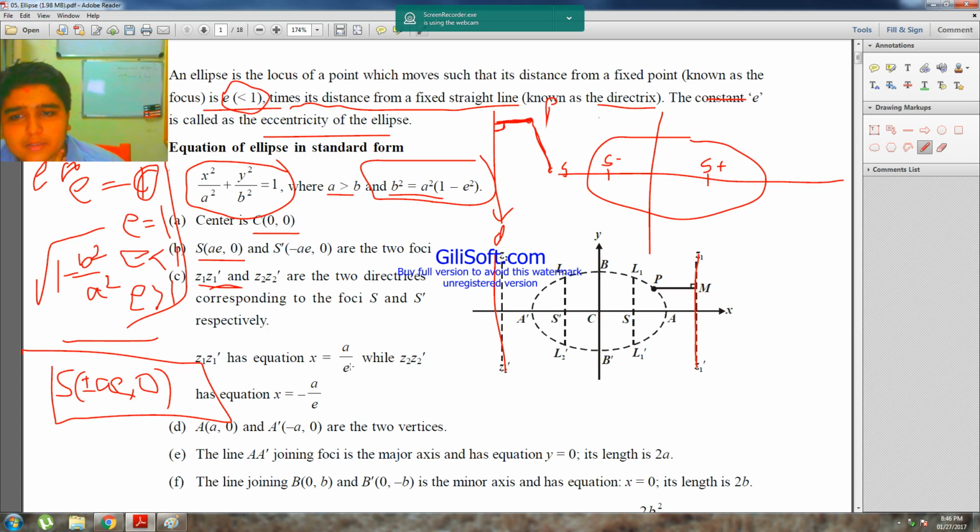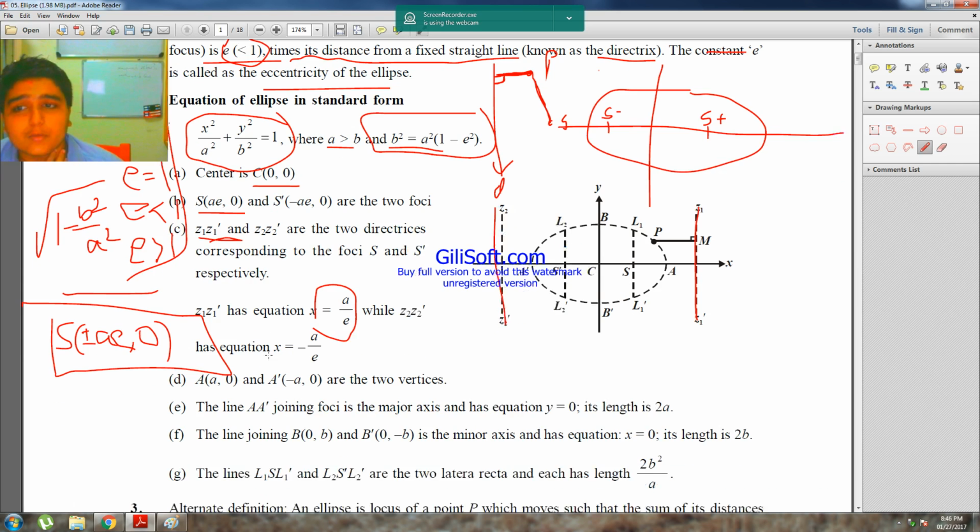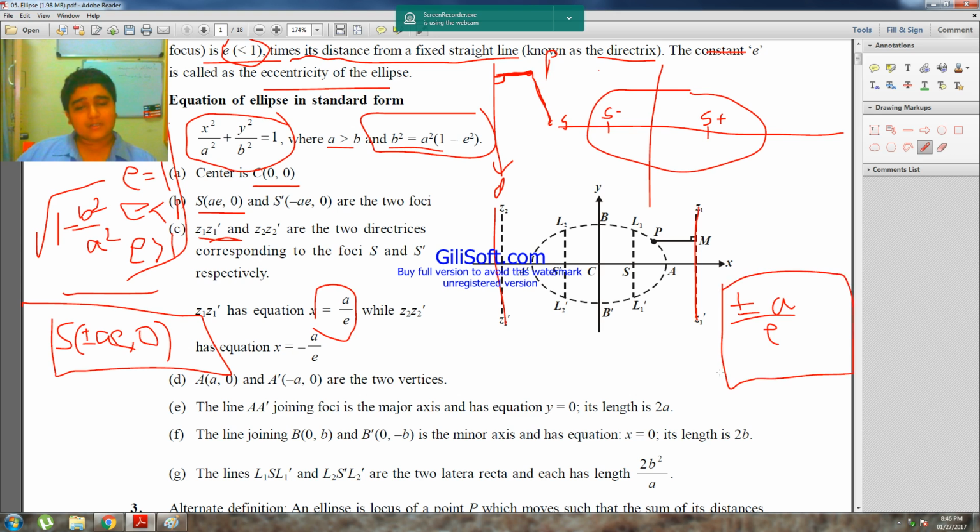Now the next point given to us is the equation of directrices. Now the equation of directrices is given by a upon e, but over here we got another complication. Since we got two directrices and both the directrices are on the positive and the negative side of your x-axis, or in case of the second ellipse on the y-axis, we say it is plus or minus a upon e. Why do we say plus or minus?